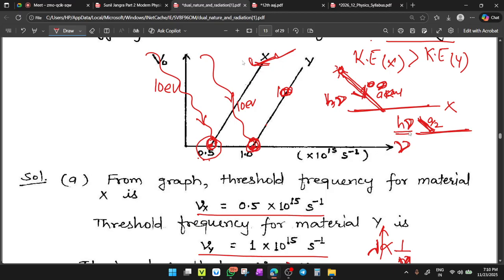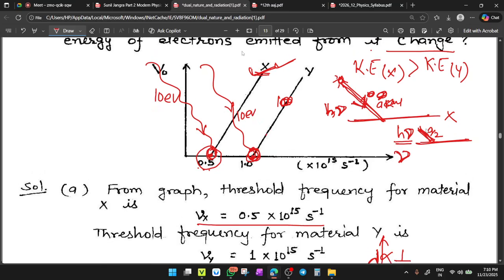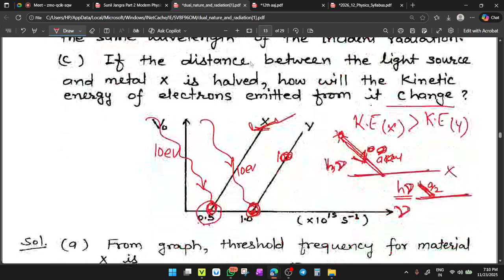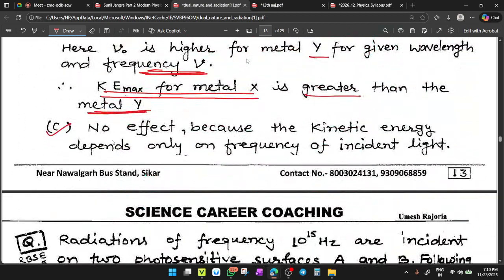As there is no impact on the frequency, no change in frequency takes place. So how will the kinetic energy change? Yes, no change in the kinetic energy. By distance, there is no effect on kinetic energy, because the kinetic energy depends only on the frequency of the incident light.